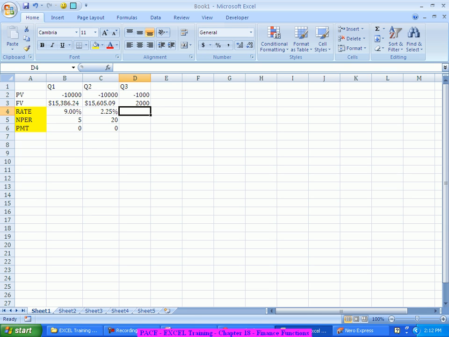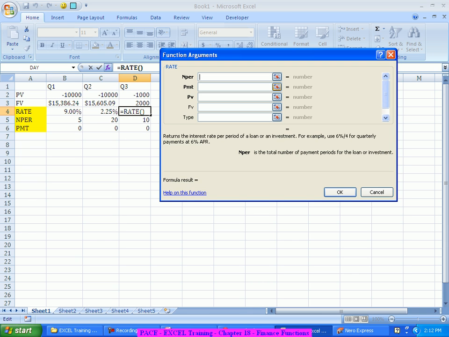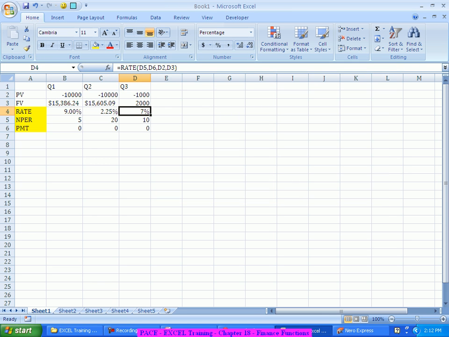So the interest rate is what I have to find out. This is a 10-year period and no PMT, no recurring payment. So all I need to find out is the rate in this case. The number of periods will come out to this much. PMT will be this, PV will be this, FV will be this. Around 7% only.